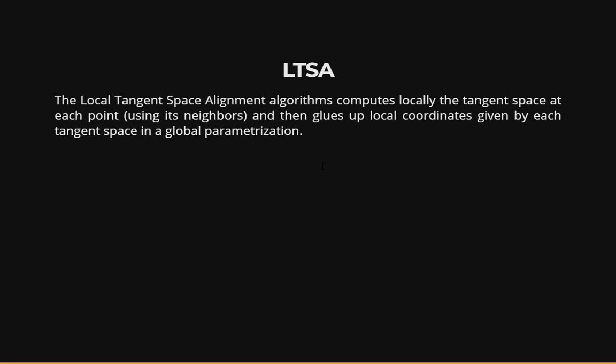Okay, now I think the last algorithm, LTSA, local tangent space alignment, which is an intuitive idea. Actually it is something one could come up with without knowing much. It is a sort of local linear embedding, but not really. I won't be going into depth in this part. You compute the tangent space at each point of your data set, using the graph neighborhood to compute the tangent space at that point.